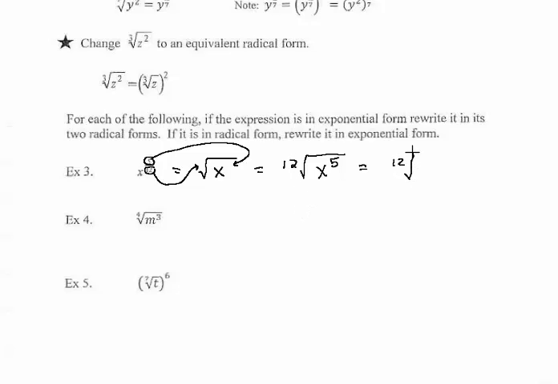A second radical form could be found if we were to pluck out the 5 from the x and write out the 12th root of x by itself and simply put the exponent 5 outside of a set of parentheses. So the 12th root of x to the 5th power is the equivalent of the 12th root of x times the 12th root of x, 5 times.